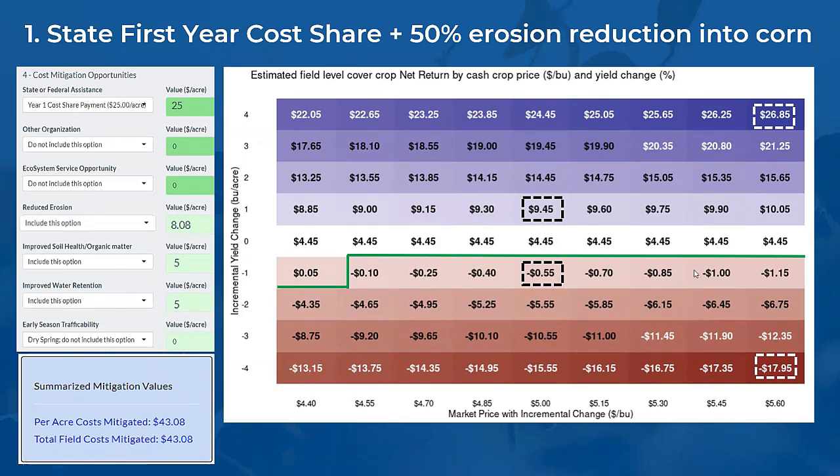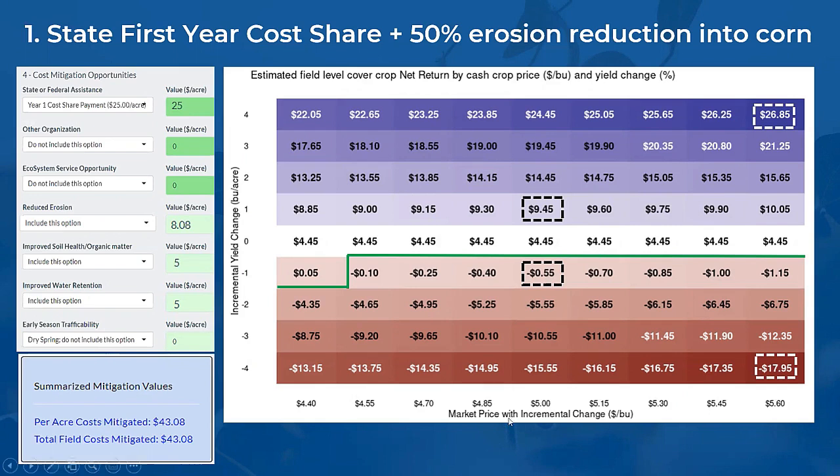In the best case scenario, we gain about $26. If you look at the averages here, if we get a yield bump of 1 bushel, the net return is $10, and if you lose 1 bushel, we lose maybe $1. So again, that's a way to visualize these impacts.